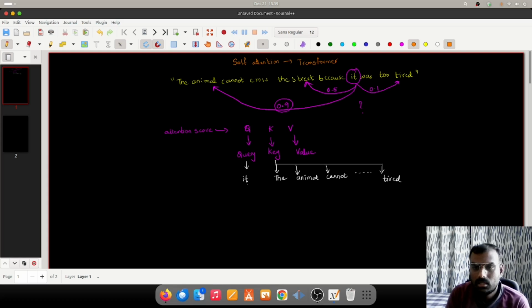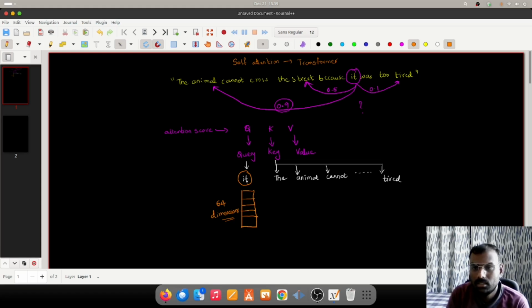So here this word is converted into a numerical vector like this. For suppose it contains 64 numerical values. These are called dimensions. The word is converted into an embedding vector with some number of values. These are called dimensions.